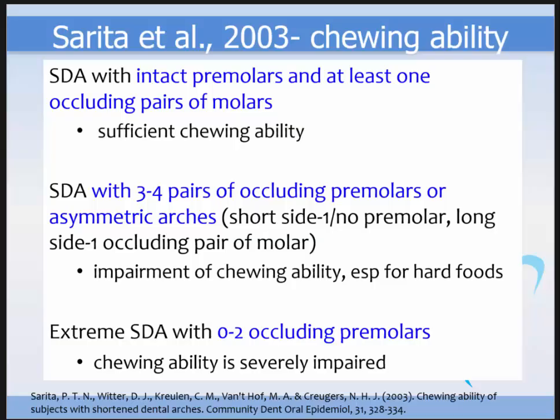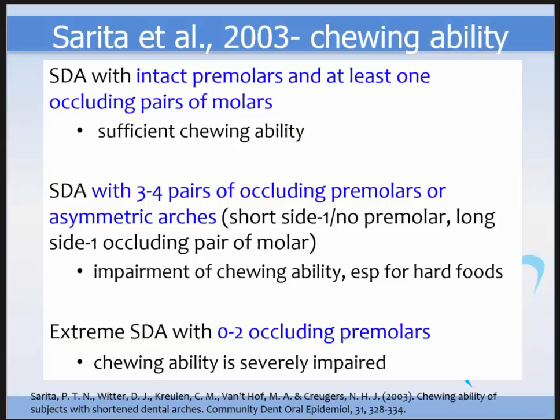So let's say you are missing some of your premolars, or the missing is in asymmetric arches, you have a short side which is missing up to premolars, and on the other side you have more occluding pairs up to molars. Patients in this group might have slight impairment in chewing ability, especially for hard food.